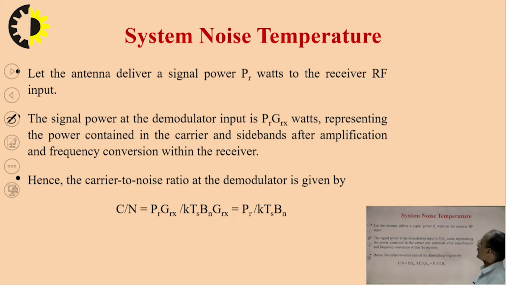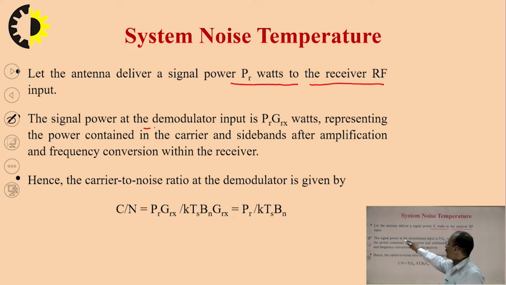So let the antenna deliver a signal power of PR watt to the receiver RF input. When it is delivering PR watt, the signal power at the demodulator input is PR GRX, because GRX is the receiving end to end gain, representing the power contained in the carrier and sideband after amplification and frequency conversion within the receiver.